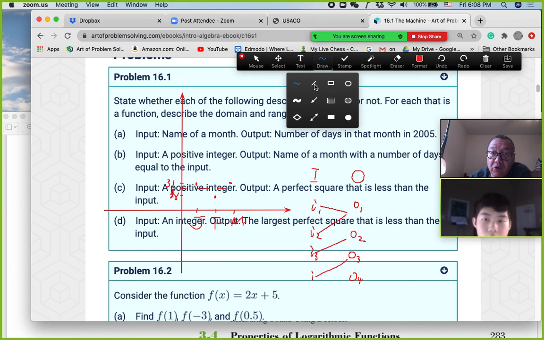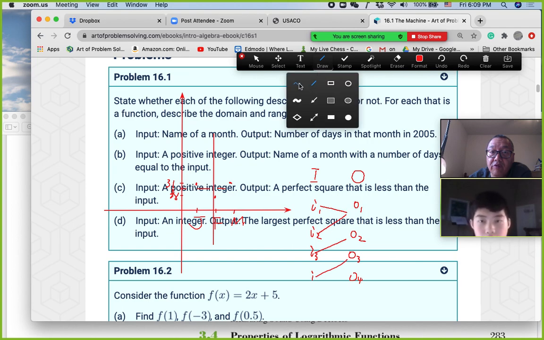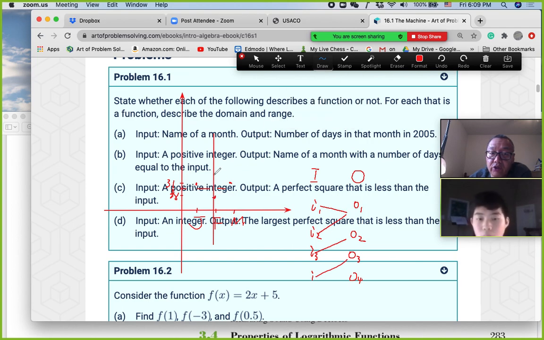Whenever you draw a vertical line, maybe I need to move this a little bit, the vertical line intersects with the y coordinate at only one y intersection point corresponding to this x, this input, this x coordinate. Then this will be a function.